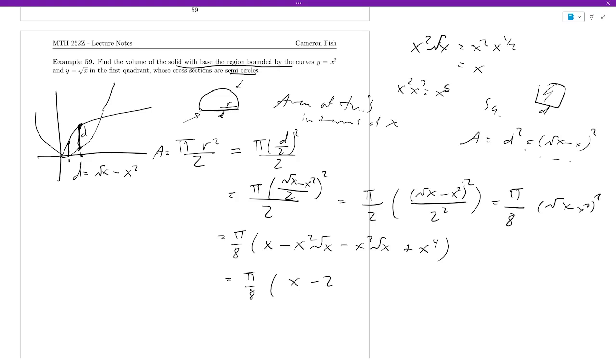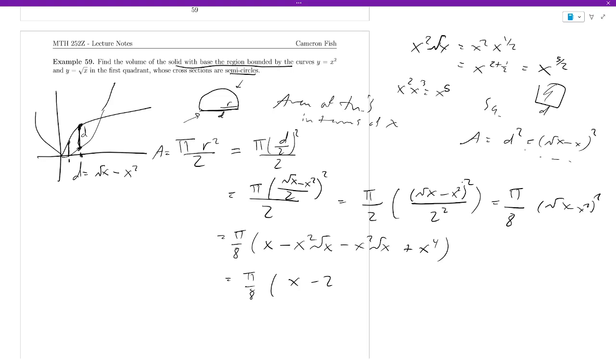So the shortcut is you can add the 2 and the 3. Same thing here: I can add the 2 and the 1/2. Now we should be able to do that fraction math. 2 is 4/2, so plus 1/2 is 5/2. So I can turn x squared times root x into x to the 5/2.